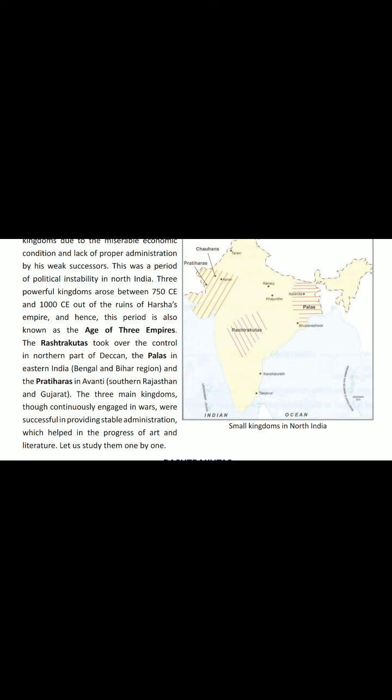As I have told you earlier, all the successors after Harshvardhan were weak. Then there were three main powerful empires or rulers that came up during this period, and they are known as the age of three empires.